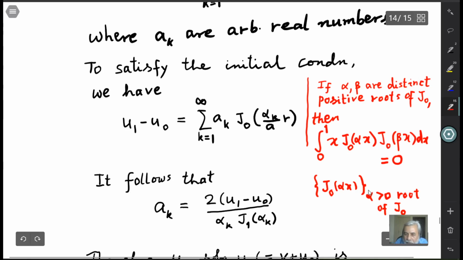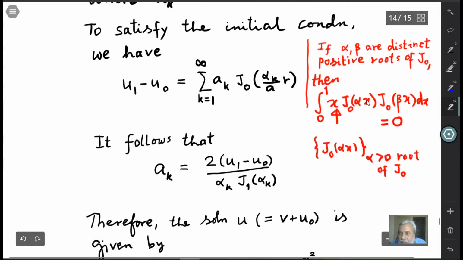Remember there is a weight here. For trigonometric functions there is no weight, the weight is 1, but for these Bessel functions there is a weight. This is one important property.